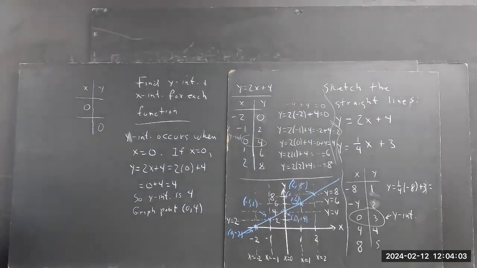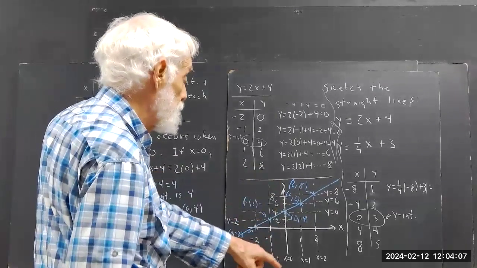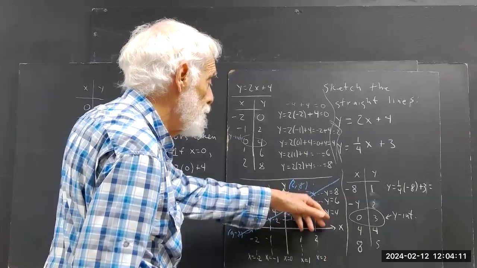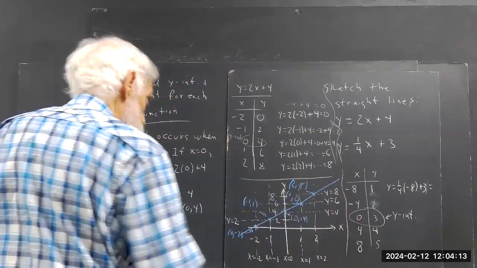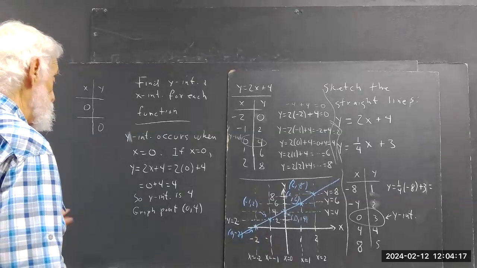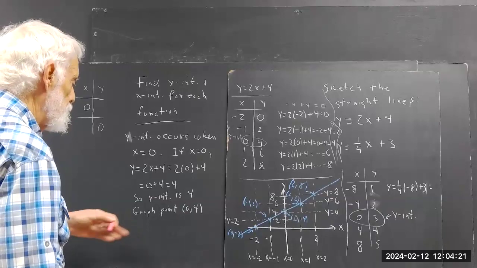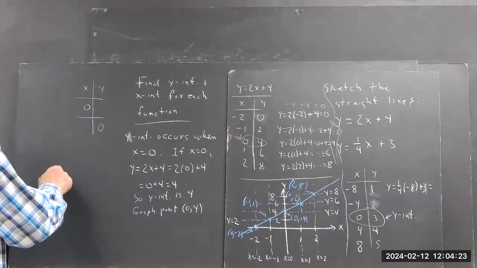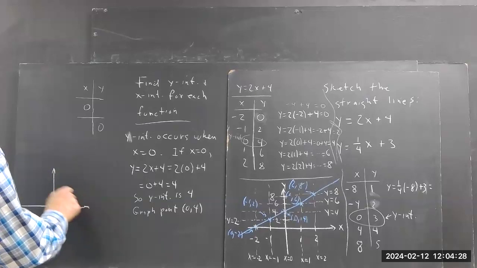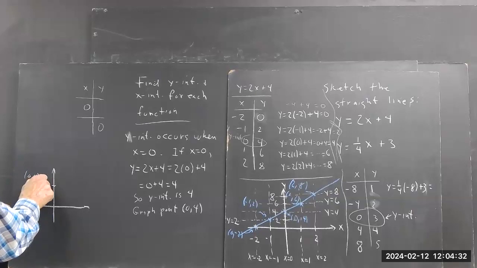That makes sense? The thing you have to know, and I pointed out when I was doing this, is that the fact that this is x equals 0 is important, and the fact that this is y equals 0 is important, just for this reason. So we get the graph point (0, 4), and we can come over here and say this point here is (0, 4).